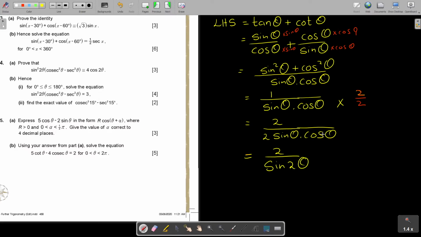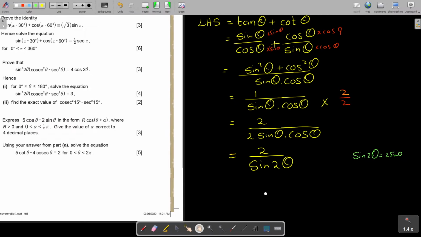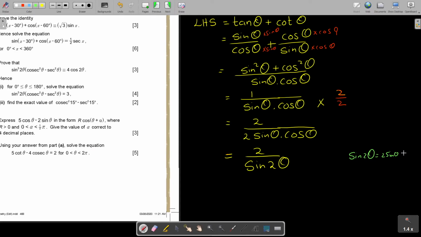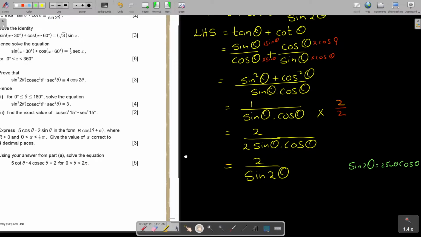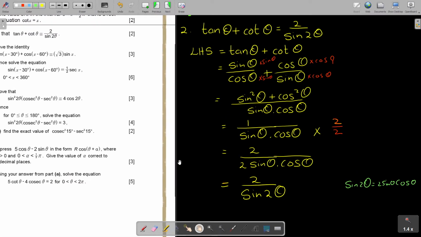It's coming from the identity, and I'm going to write the identity here for you: sin 2 theta is equal to 2 sin theta cos theta. It's your double angles. And now if I look up there, that's excellent. That's equal to the right side. And that's how you prove it.